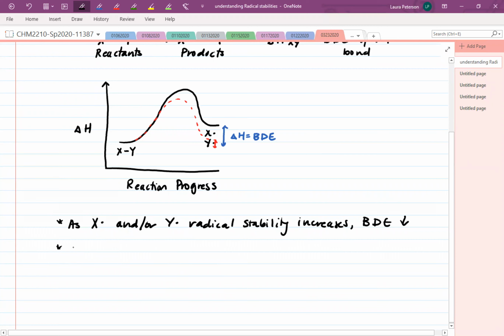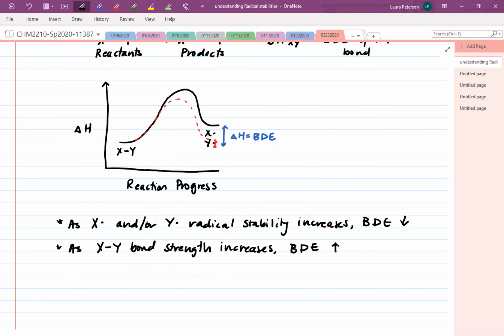Let me write out what this trend is and then I'll explain it. As the XY bond strength increases, BDE increases. If we have a stronger bond, that would be more stable, that would lower the energy of XY, that molecule, and that would again increase the bond dissociation enthalpy.